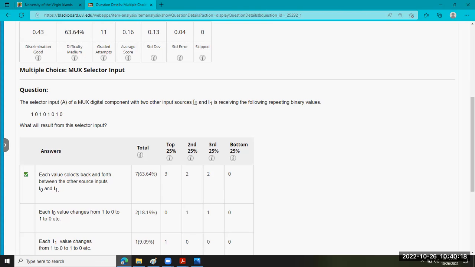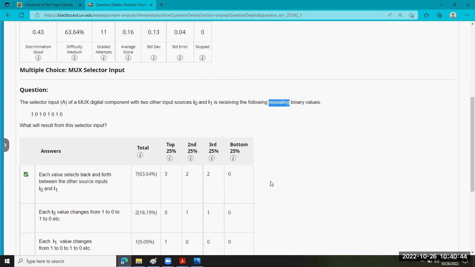But what you'll understand is that I sub 0 has the same input value all the time. I sub 1 has the same input value all the time, but the input values for I sub 0 and I sub 1 are different, right? And they're repeating, okay? Well, in a binary world, you only have two values, off and on, right?